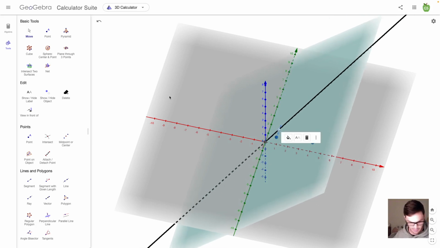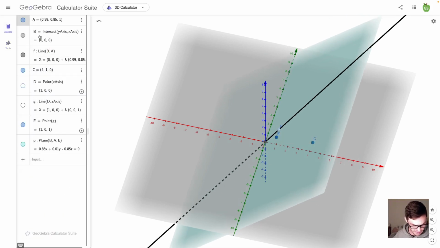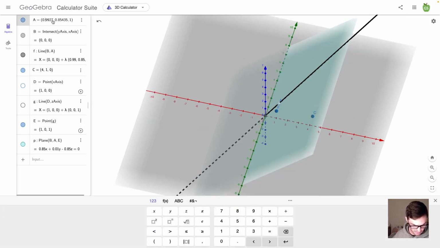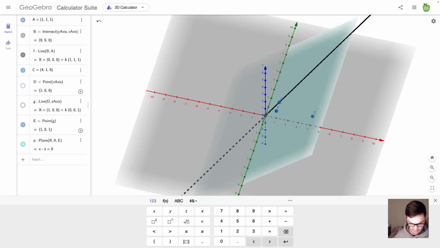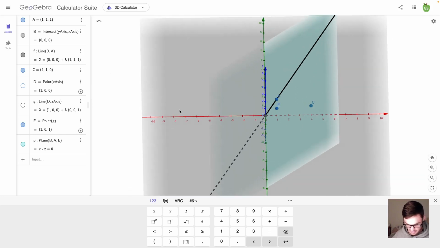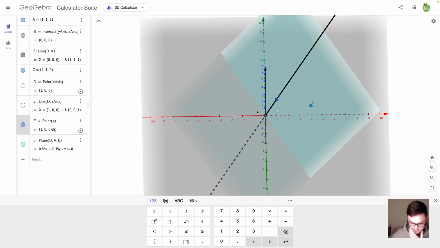Okay, whoops, I didn't mean to move A. I'll put A back. I grabbed the wrong dot. I'll call that 1, and this is also going to be 1. Okay, we're back. And now let's grab E and keep moving E a little bit. Okay, so we're arbitrage free again.